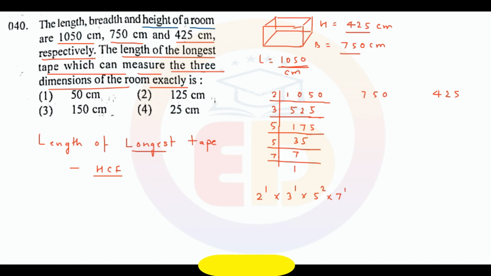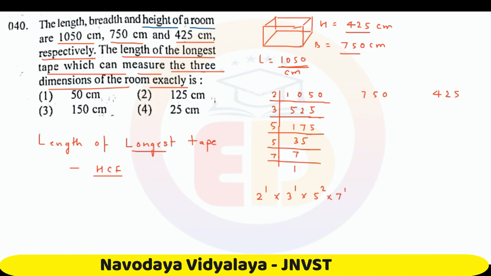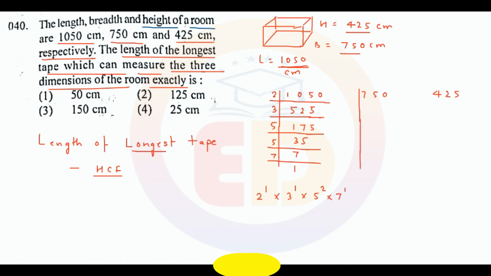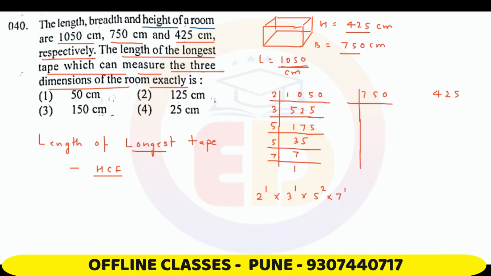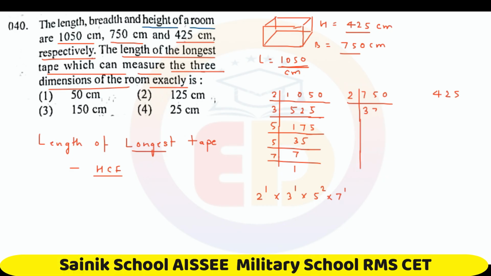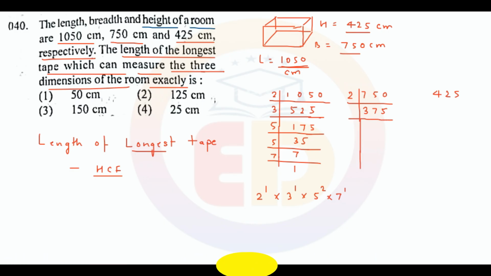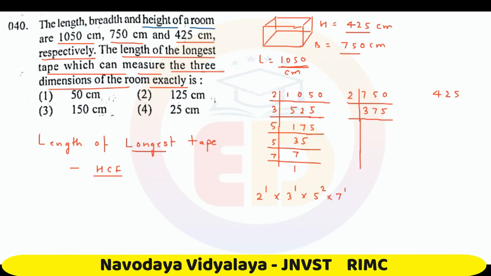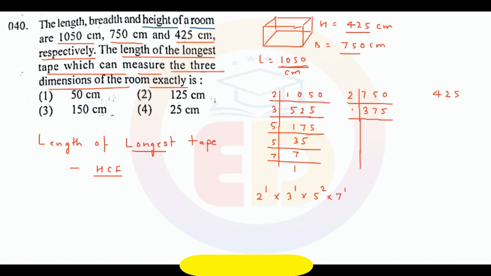Now let's divide 750 and find out its factors. We divide 750 by 2. It's 375. 375 is divisible by 3. Sum of the digits is 15.